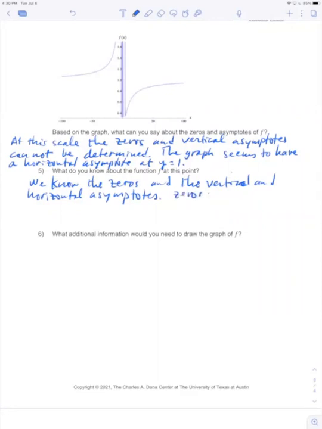It seems to have zeros when x is equal to 0, 2, and 3. I'm going to abbreviate VA for vertical asymptotes, when x is equal to -2, -1, 1, and 4, and horizontal asymptote, and we said y is equal to 1.